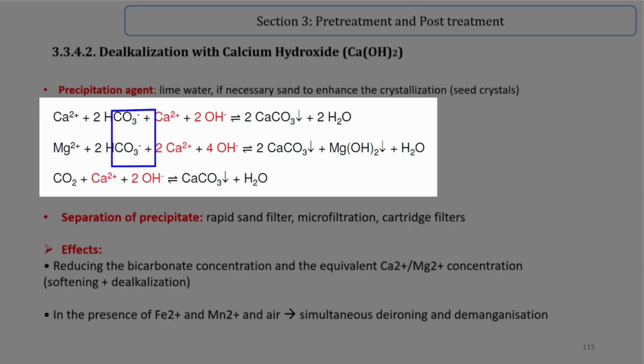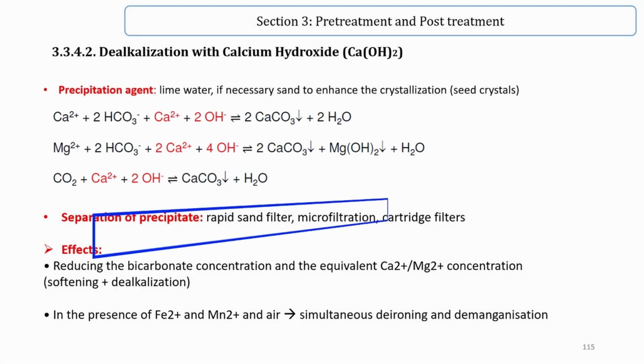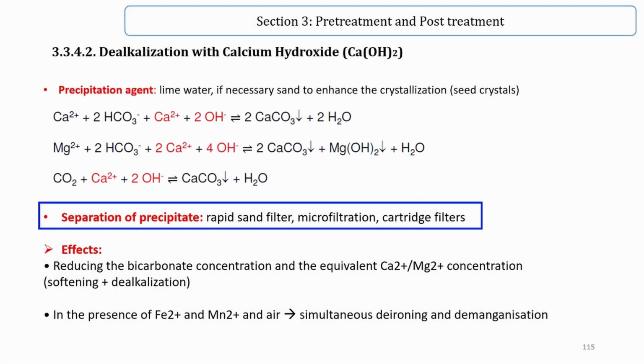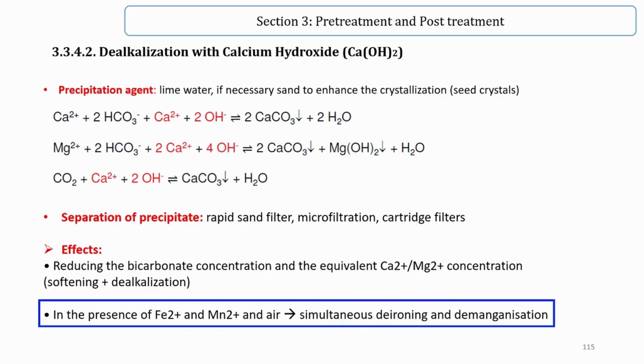In reaction with calcium hydroxide, calcium carbonate builds up as a product and then can be removed using filtration processes such as rapid sand filters, microfiltration, or cartridge filters as a pretreatment for reverse osmosis. One of the effects in this process is that in the presence of iron and manganese, deironing and demanganization can be done simultaneously.